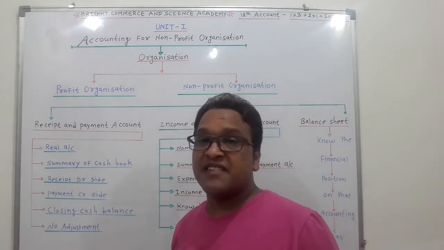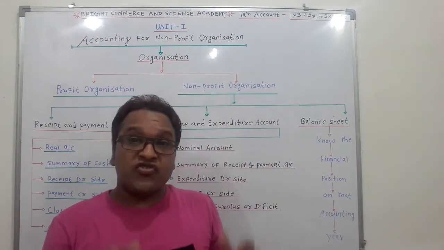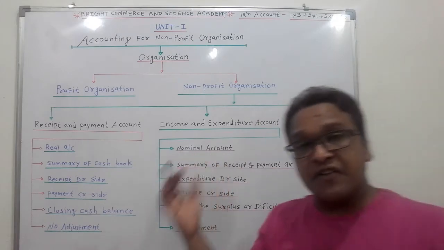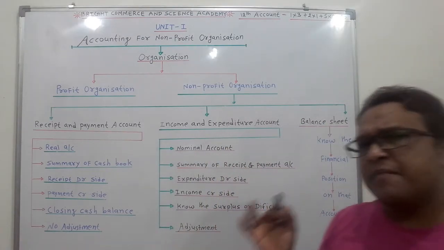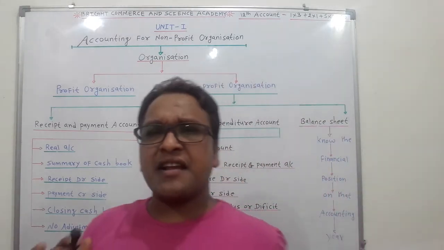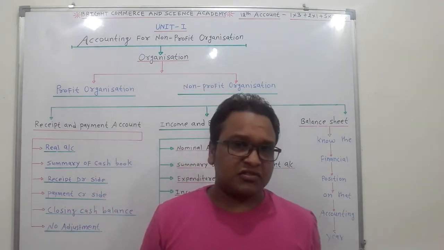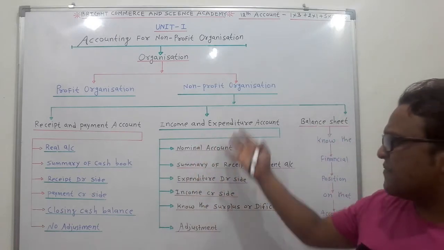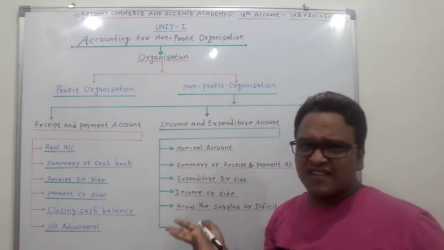The income and expenditure account is prepared to find the surplus or deficit, and all types of adjustments are recorded in it. Is that clear? These are the specific characteristics of the income and expenditure account.